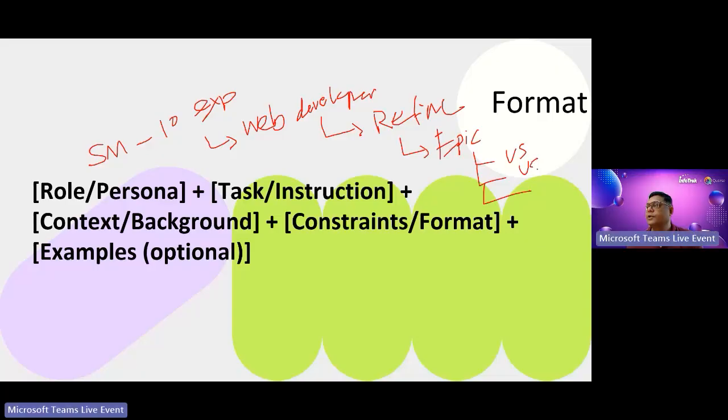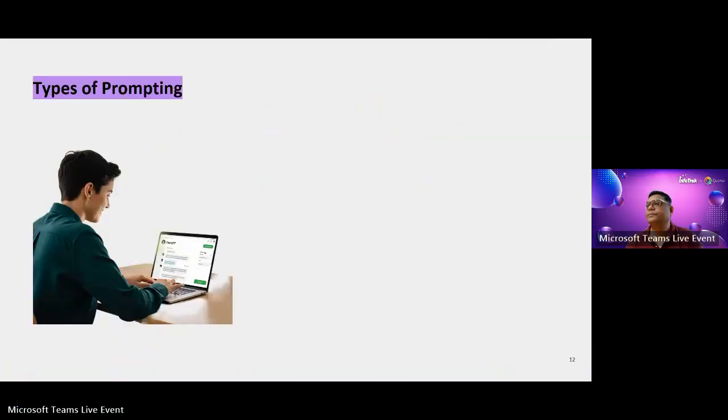So you have to be very specific about what kind of prompt you are providing to your AI. There's no harm in providing more and more information, but you have to provide the context to your AI. That's when the AI will understand your context and provide you an answer that will actually help you, that is tailored for you.